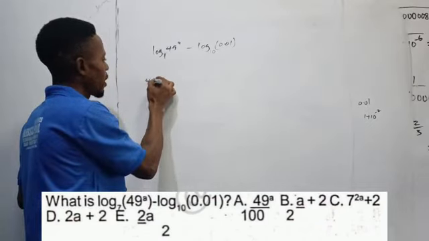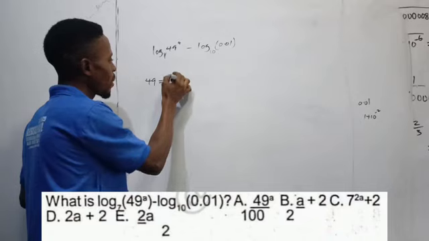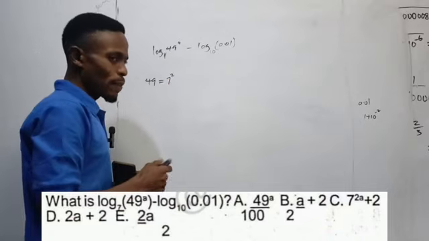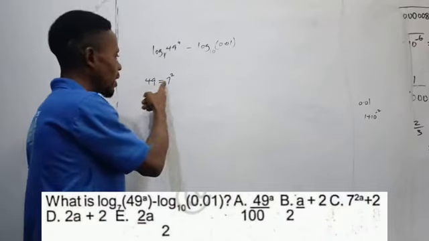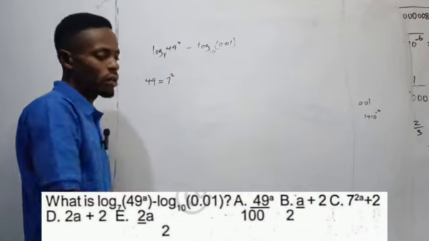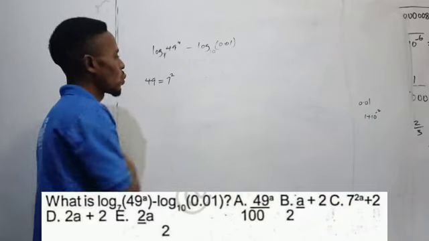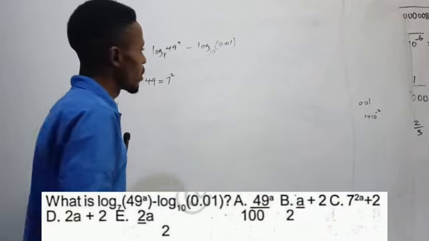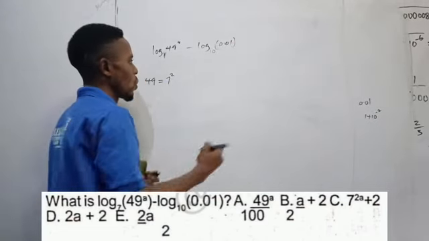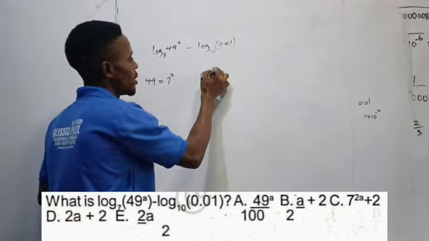This 49 can give us 7 to the power of 2, because 7 times 7 gives us 49. That is the index form. So it means that the index form of 49 is 7 to the power of 2. The same thing we have here also, we have 0.01.